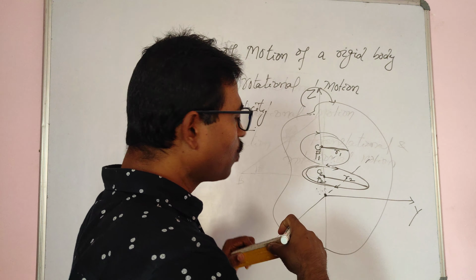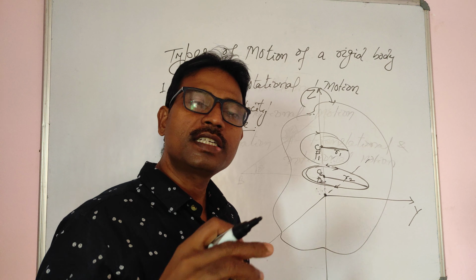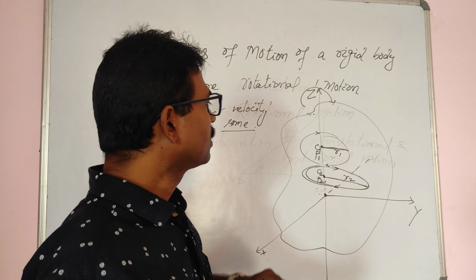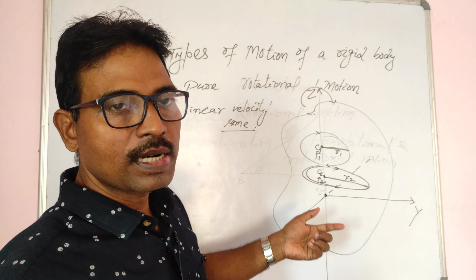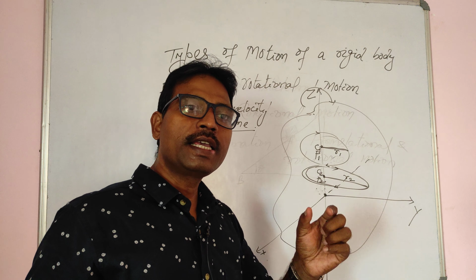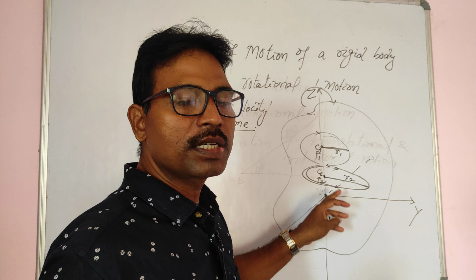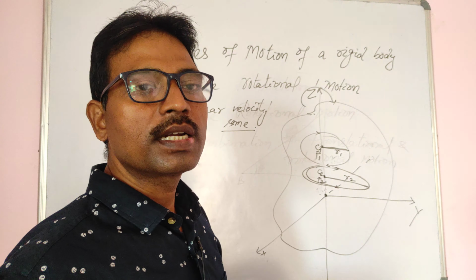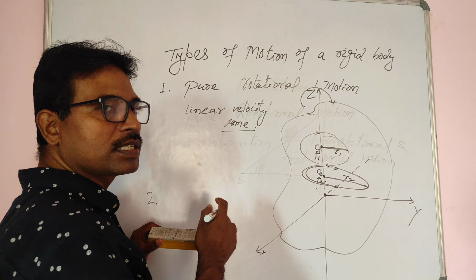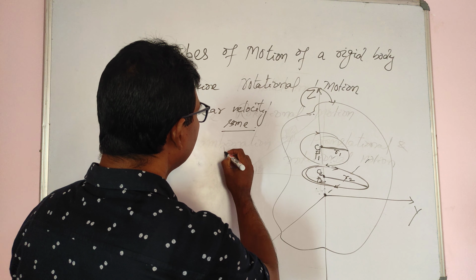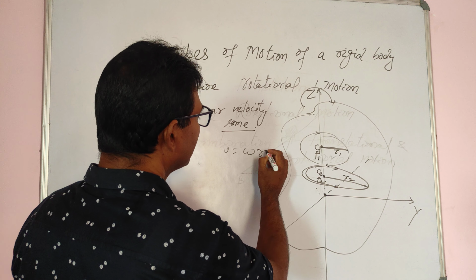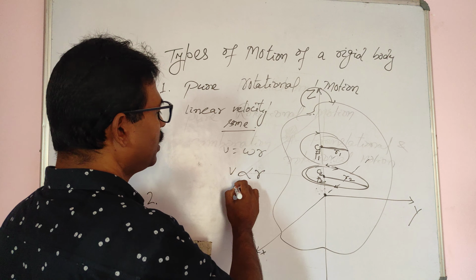That means when a rigid body rotates, the angular velocity of all particles remains constant irrespective of the distance from the axis of rotation. But the linear velocity is different because it depends on the distance from the center. So V is equal to omega into r, so V is proportional to r. That's why.